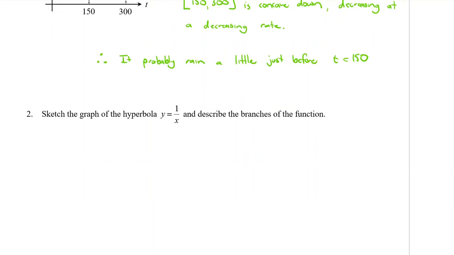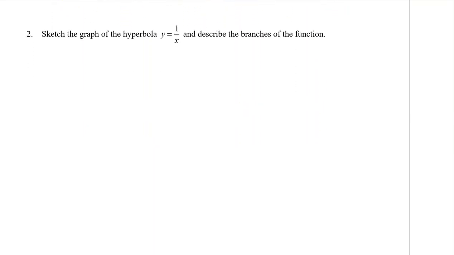All right, let's move on to question 2. We want to sketch the graph of the hyperbola y equals 1 over x and describe the branches of the function. So this is our basic hyperbola, which has asymptotes on the x and the y axes. So let's draw those on.